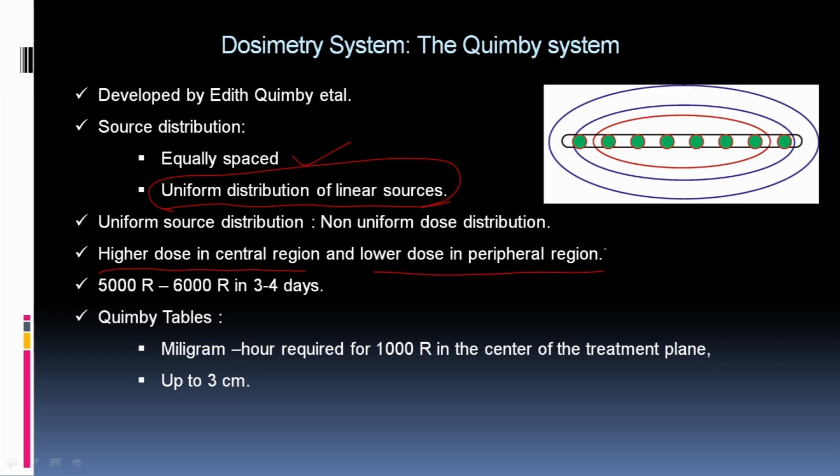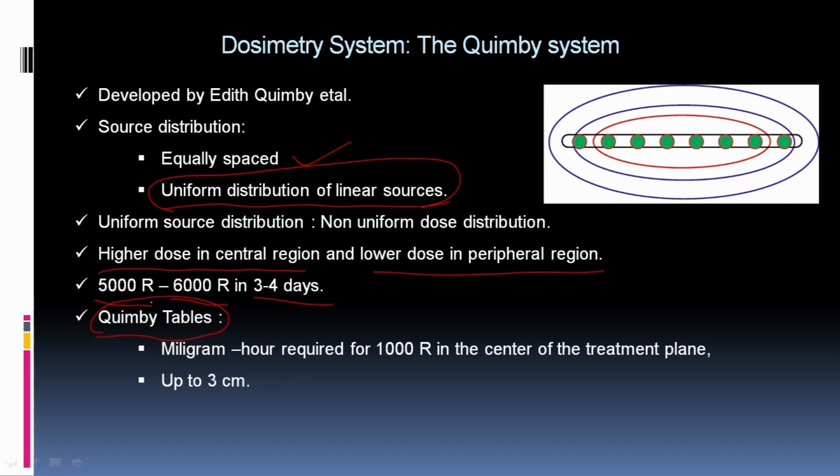In the Quimby system, they propose a dose prescription of approximately 5000 R to 6000 R in 3 to 4 days. Now, how is this amount of dose delivered, and what is the treatment duration of the implant? They have given Quimby tables.